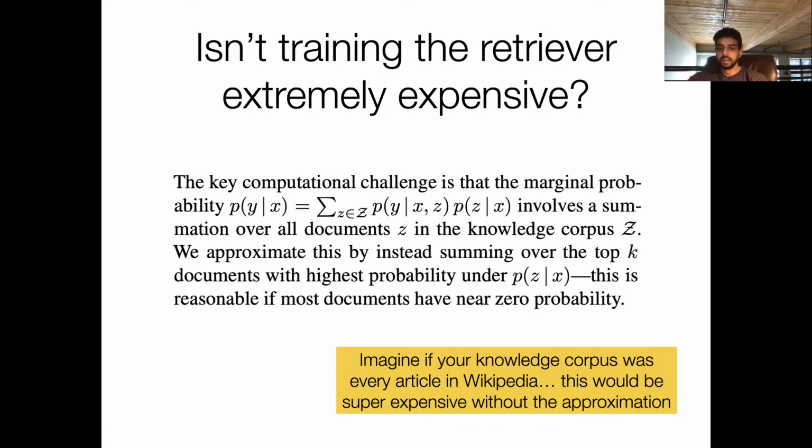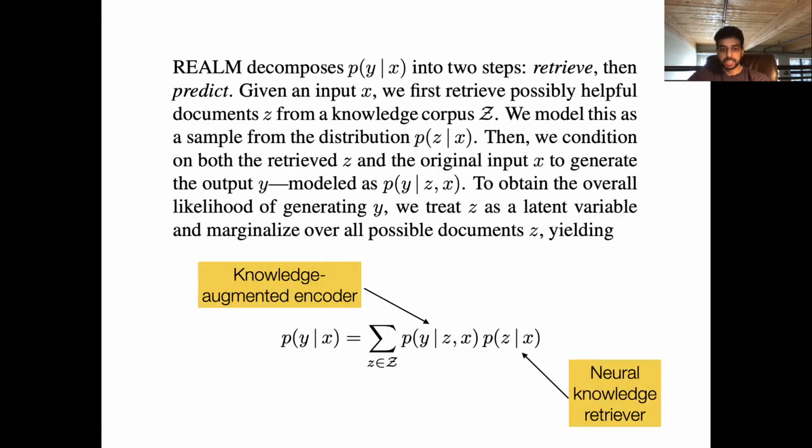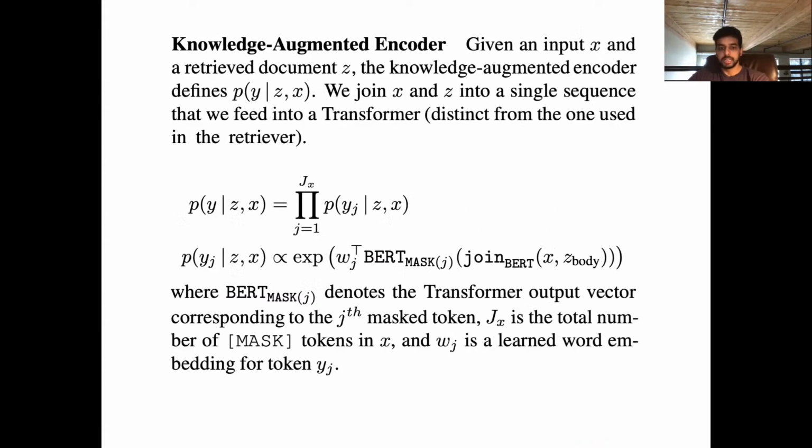So they say that this is a reasonable thing to do if most documents have near zero probability, right? So if you imagine back in this equation here, if P of Z given X is close to zero, then this is going to have very little impact on what I eventually end up predicting, right? So maybe I can only consider the documents that have a higher probability here.